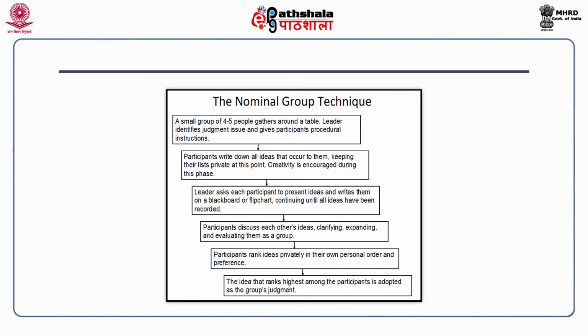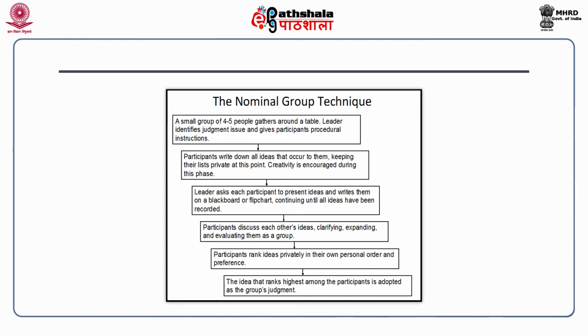The first step starts with a small group of 4 to 5 people gathering around a table. Leader identifies judgment issue and gives participants procedural instructions. Then participants write down all ideas that occur to them, keeping their lists private at this point.